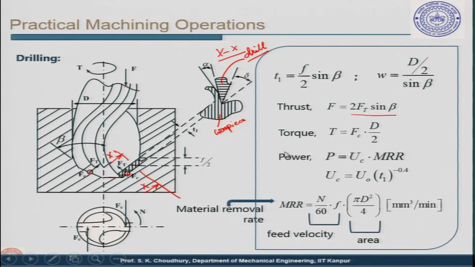So, the torque will be given by Fc and d by 2. It is an approximation that this will be d by 2. Therefore, Fc into d by 2 will be the torque, because this is the moment given by the Fc, and it rotates about the axis. Fc into d by 2 will be the torque.